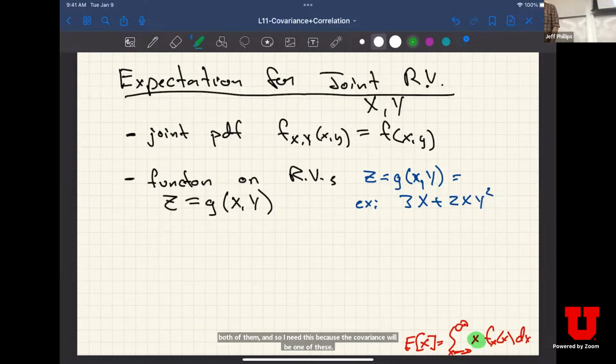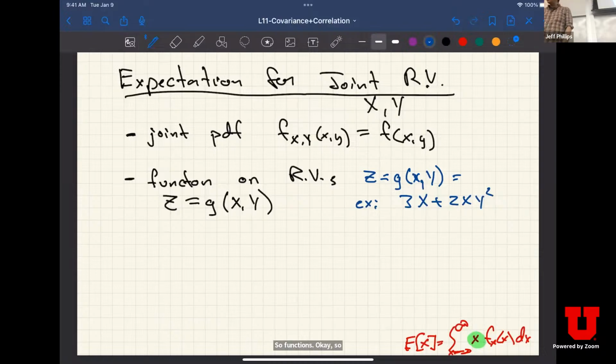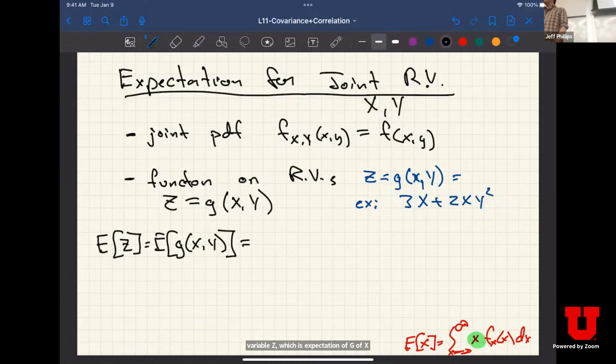Now I can define expectation, but it needs to be with respect to both this f function, which is the joint PDF, and the g function, which tells me how to combine them. So now I can say that the expectation of the random variable Z, which is the expectation of g of xy, will now look like we expect.